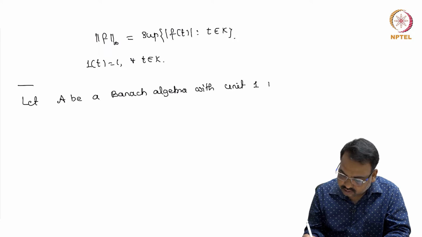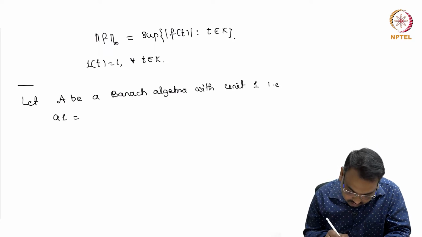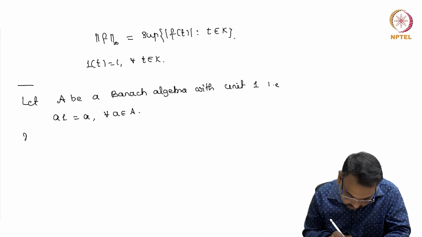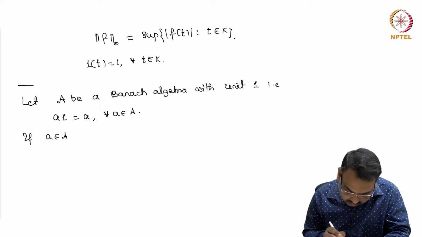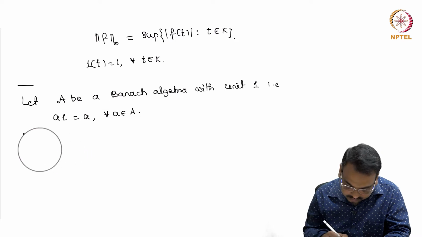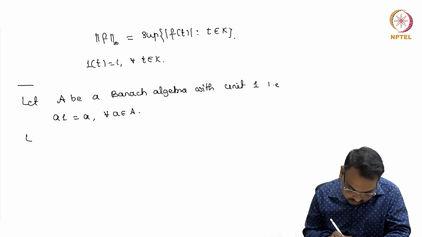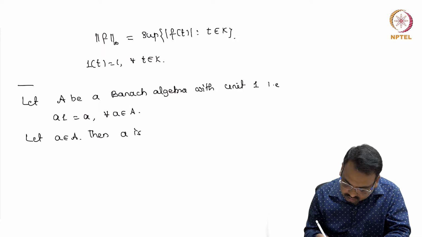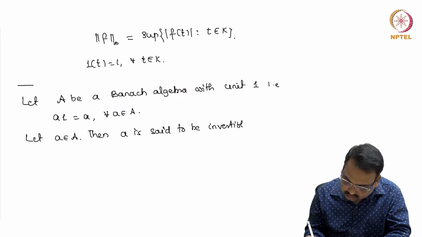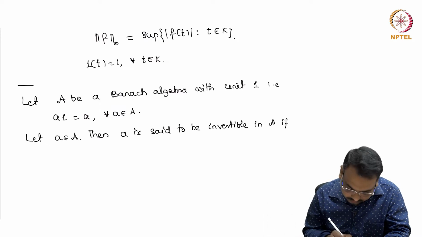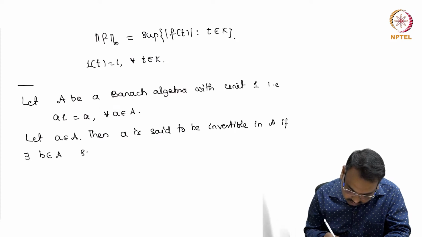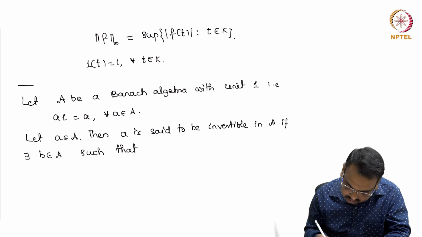That means A times 1 is A for every A in A. Let A be an element of A. Then A is said to be invertible in A if there exists some B in A such that AB = BA = 1.